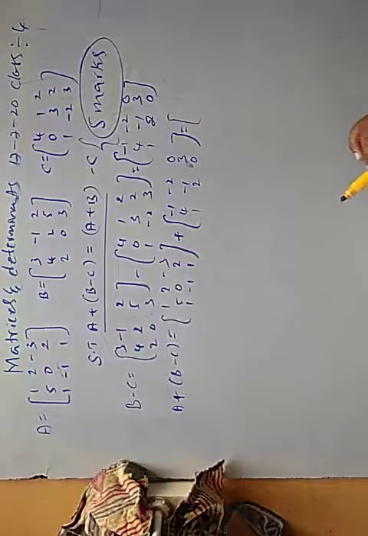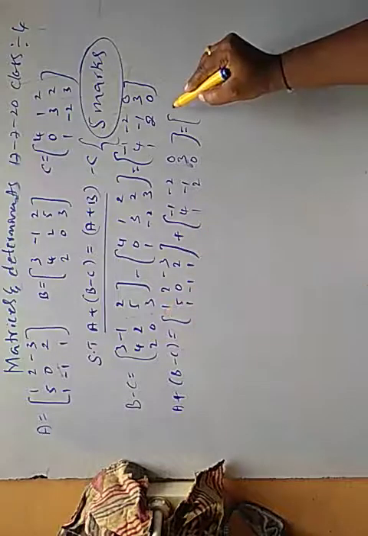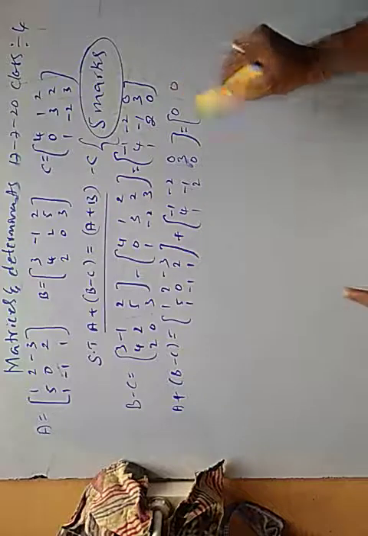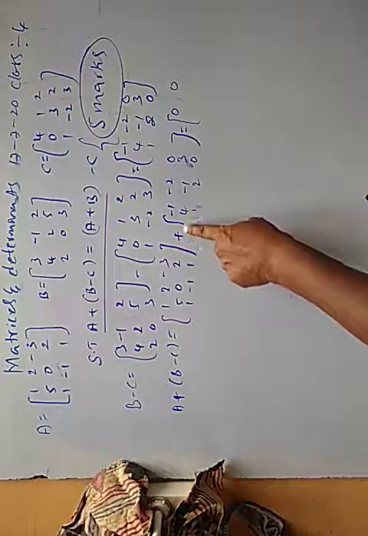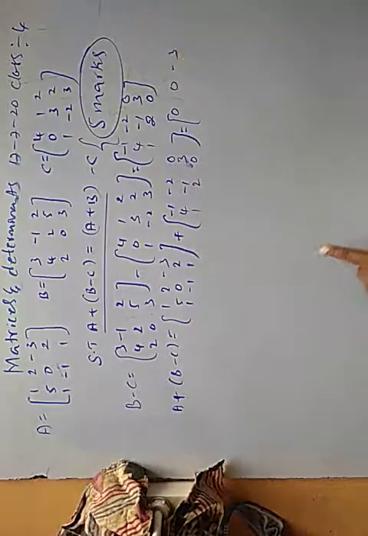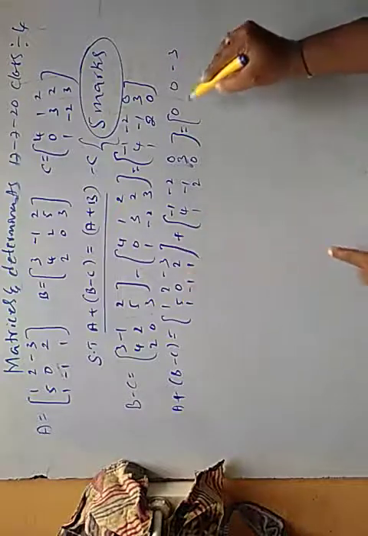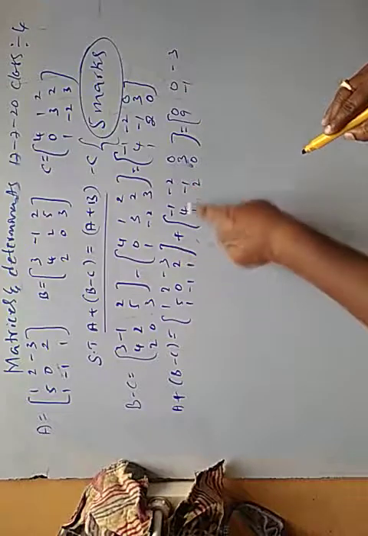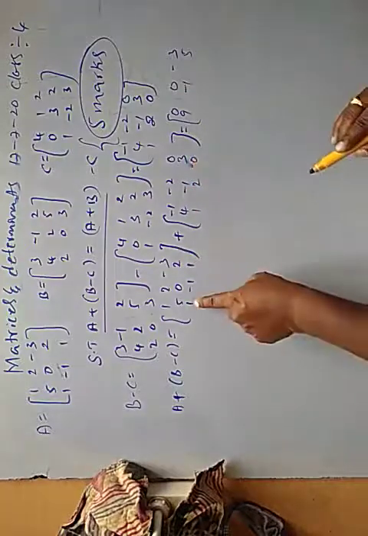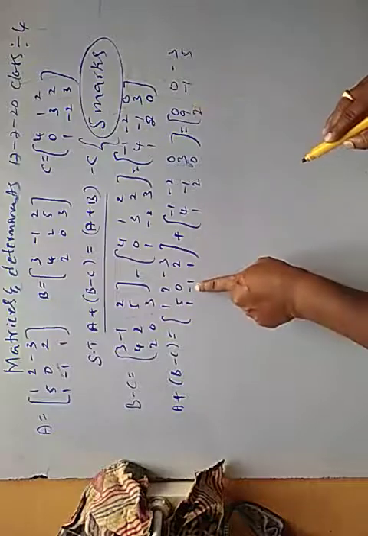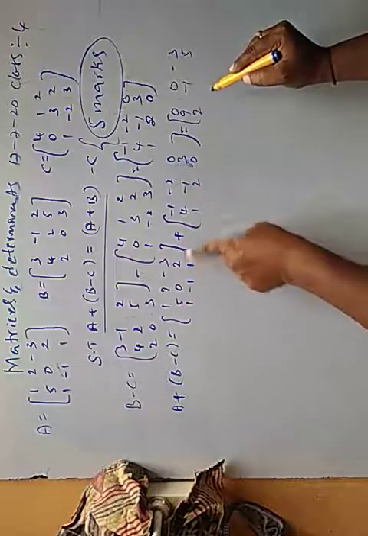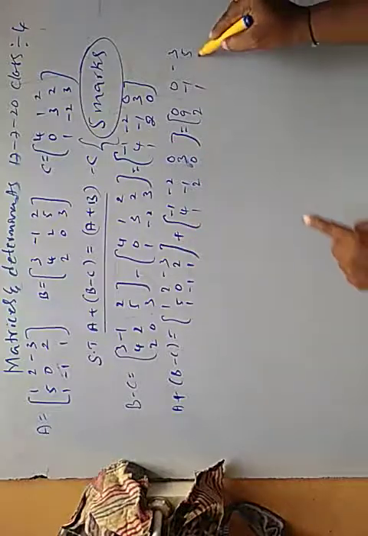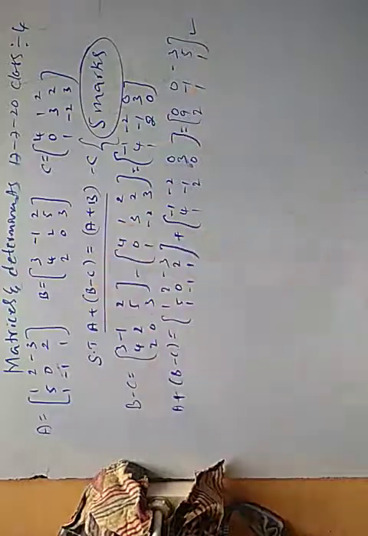Plus. 1 plus minus 1 is 0, 2 plus minus 2 is 0, minus 3 plus 0 is minus 3, 5 plus 4 is 9, 0 plus minus 1 is minus 1, 2 plus 3 is 5, 1 plus 1 is 2, minus 1 plus minus 2 is minus 1 plus 2, nothing but 1, 1 plus 0 is 1. So we are getting LHS.